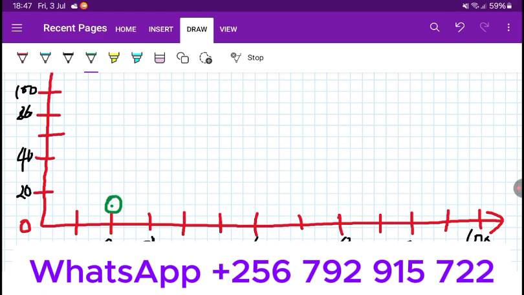Then 30 and 10, 30 from the horizontal axis, then 10, maybe it's around there. Then 40 and 22, let me assume it's around there.